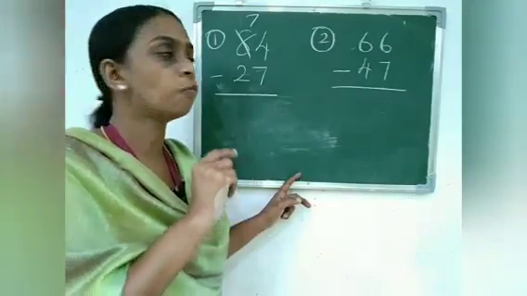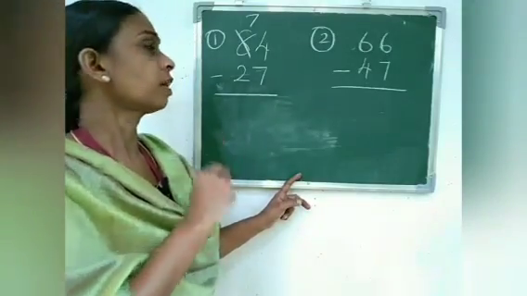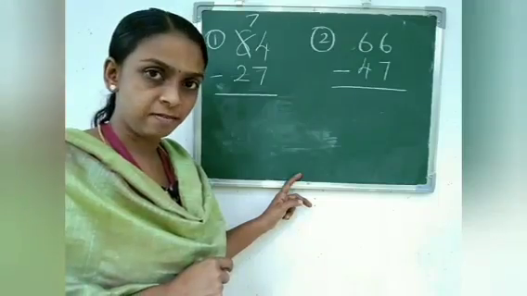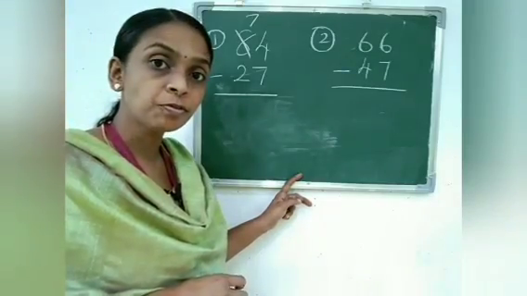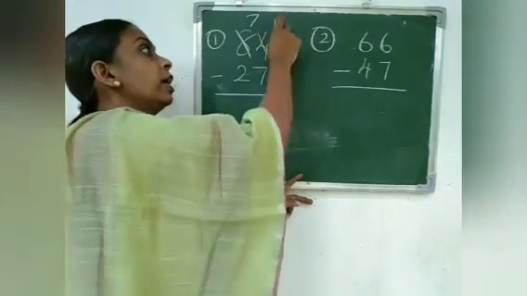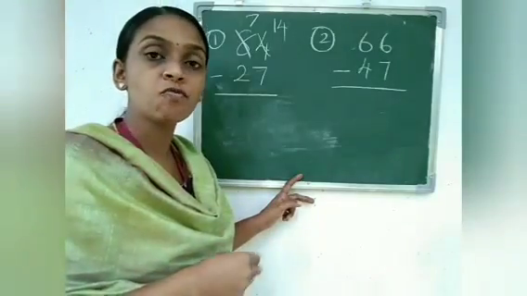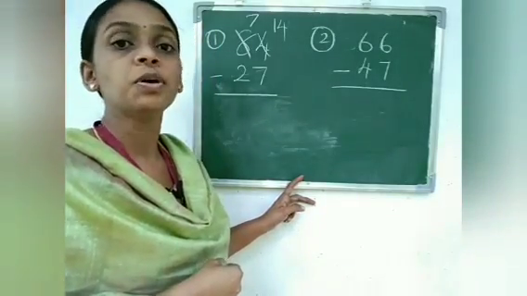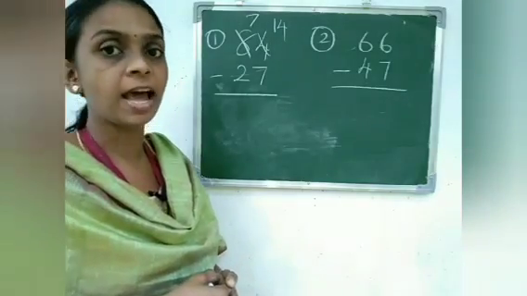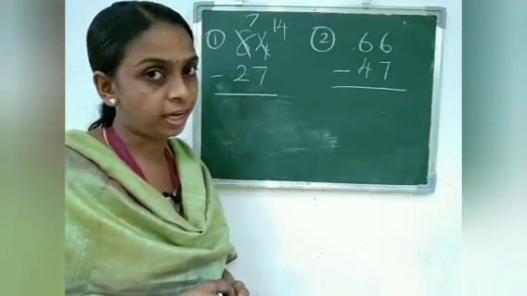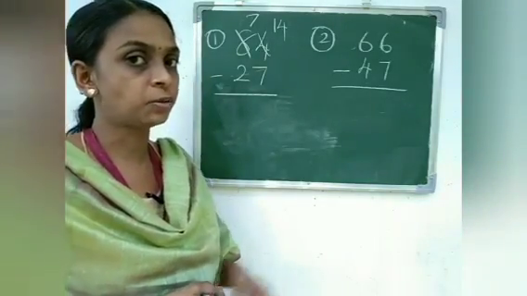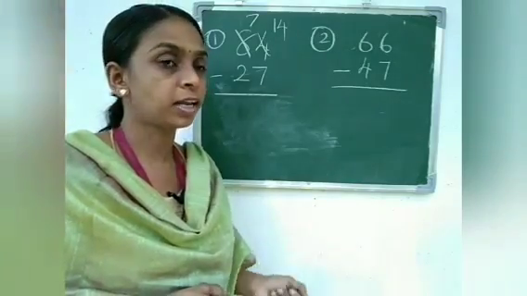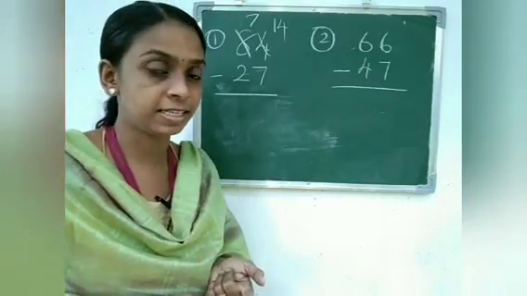Then 8 will become 7 and 4 will become 14, because we are borrowing 10 from that 8. I think everyone understood how 4 becomes 14 and 8 becomes 7.